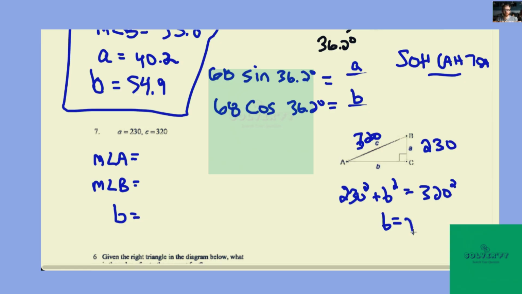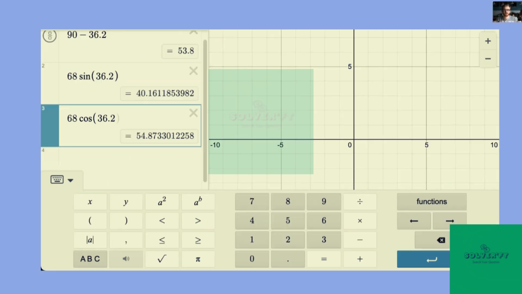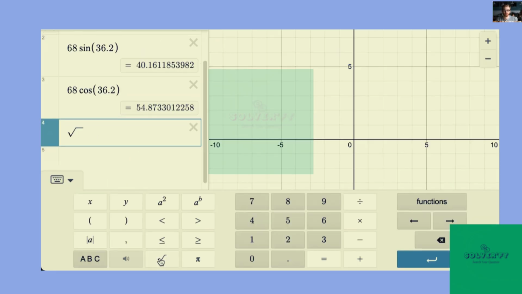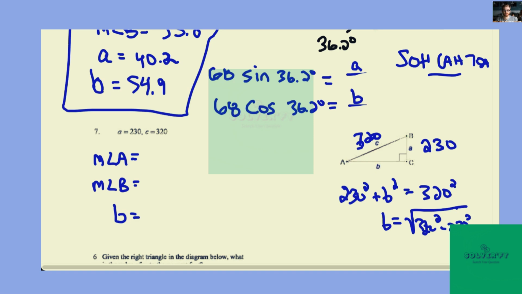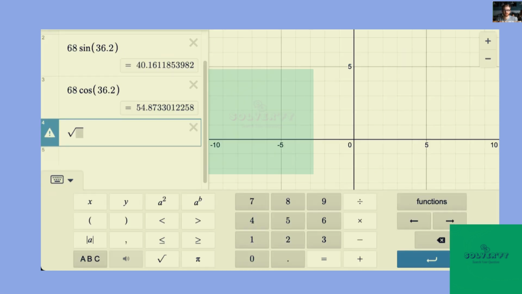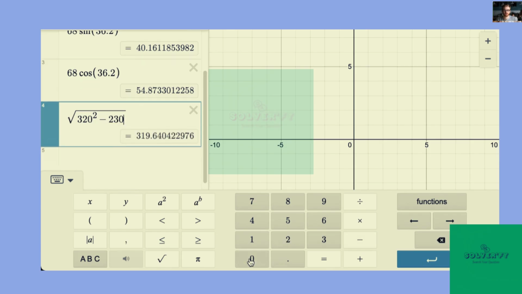So B is the square root of 320 squared minus 230 squared. 222.5, we'll say.